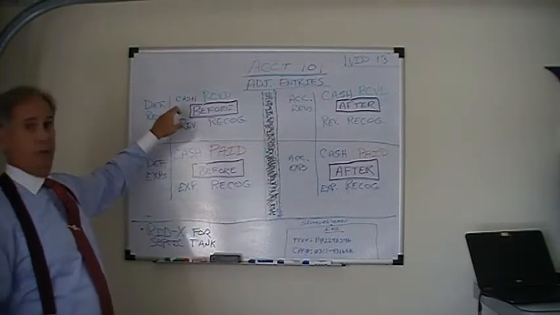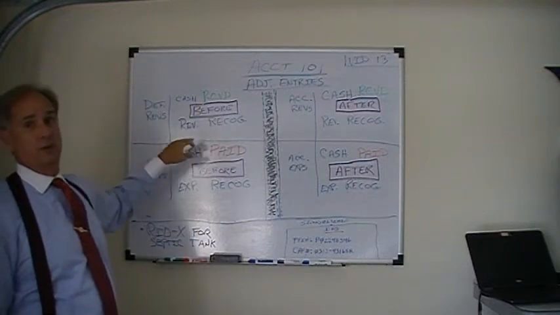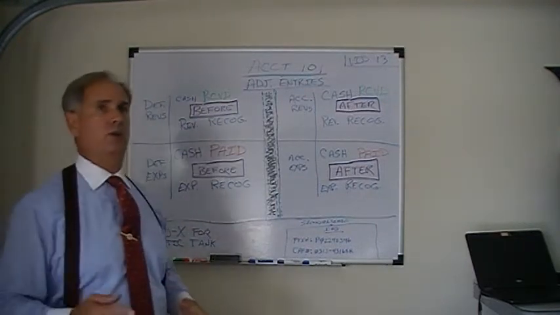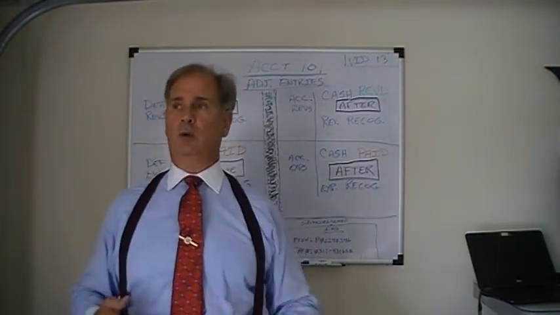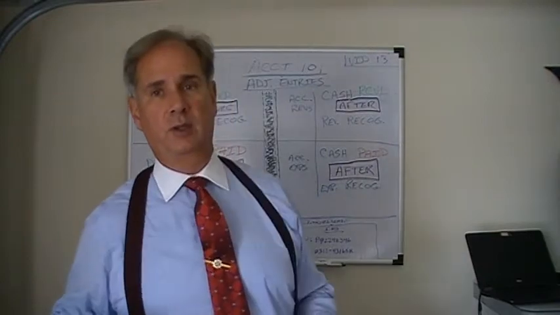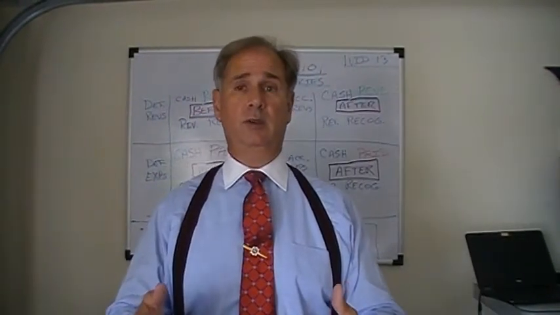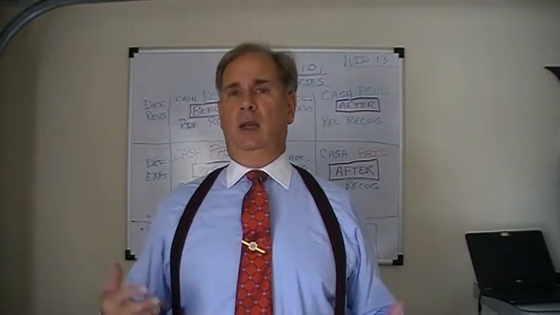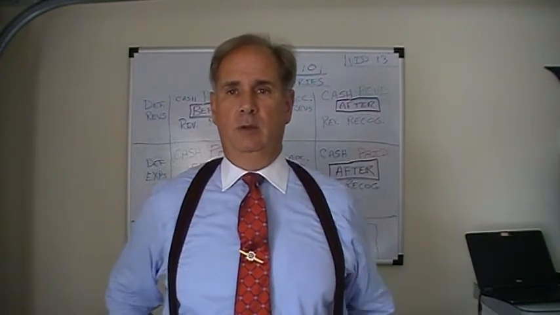something happens. We receive cash before something else happens, the recognition of the revenue. A hypothetical would be, I'm a tax accountant. Someone walks in my door on January 1st and says, Mike, you're a fantastic tax accountant. Here's $1,000. Please do my taxes this April. Can I recognize that $1,000 that's sitting on my desk as a revenue?